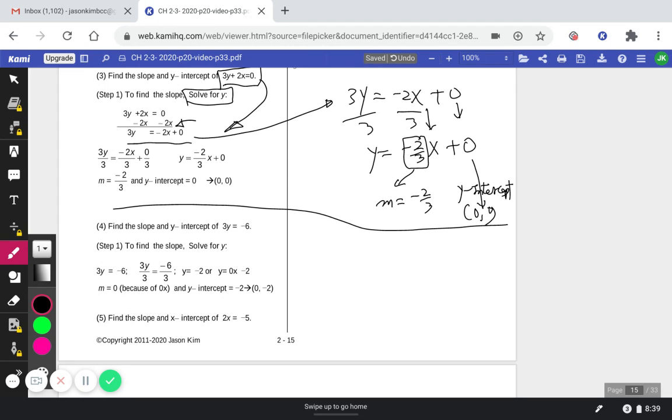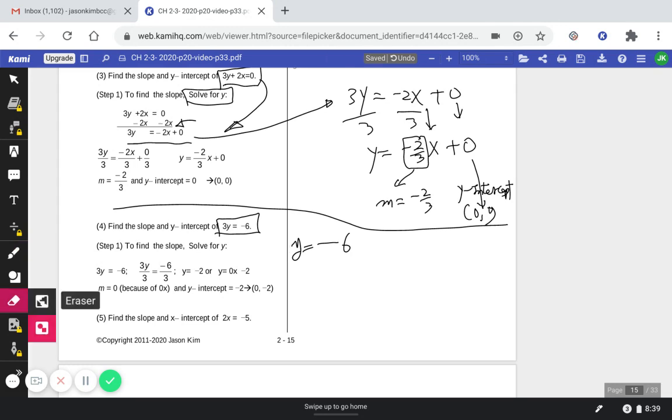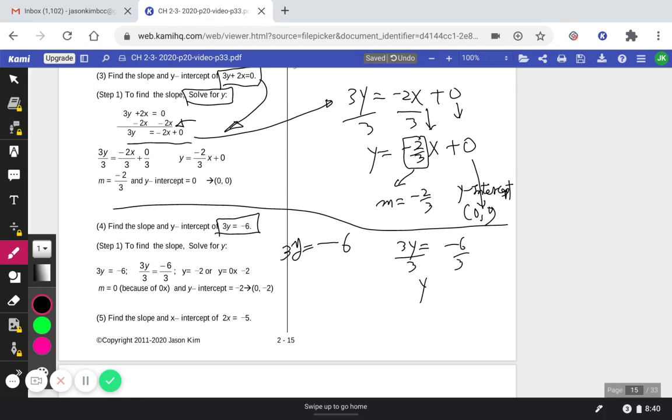Now next one. Find the slope of 3y equals -6. So what do we do? Well, solve for y again. Divide both sides by 3. y becomes -2.